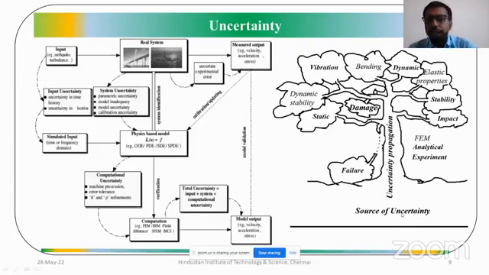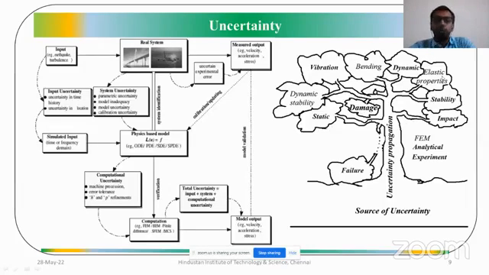So the source of uncertainty, the root of the tree, is propagated to all the leaves. So what are the leaves? These are the leaves which are very important from a structural design point of view: failure analysis, static analysis, dynamic analysis, harvesting analysis, bending analysis, dynamic elastic properties, stability, impact. All these types of analysis are done from the design point of view of any structure.